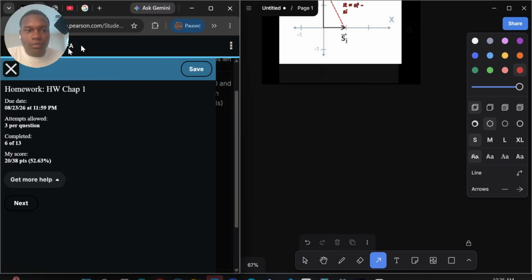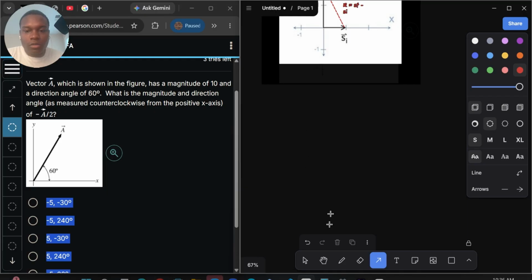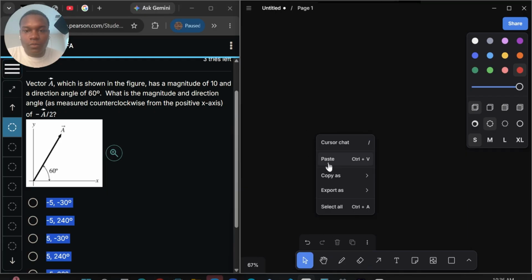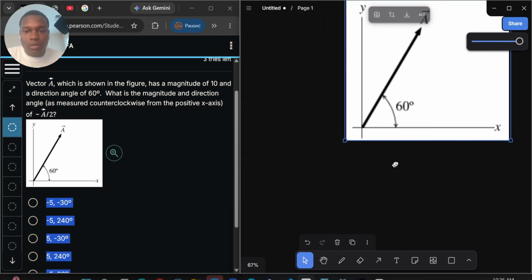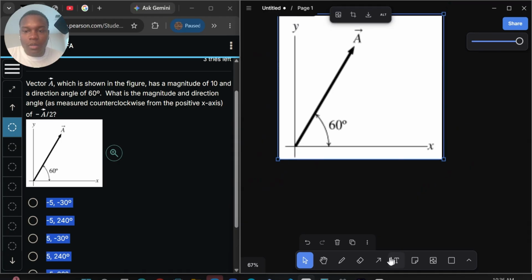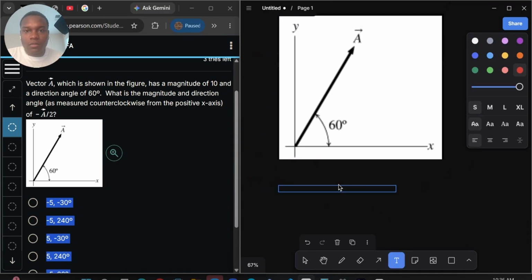What I'm gonna do is make this easier on myself. So let's do this deliberately. We have our givens. Vector A has a magnitude of 10. A equals 10.